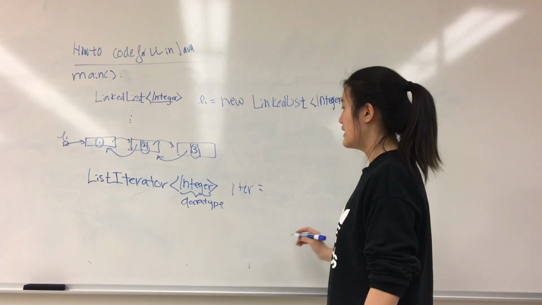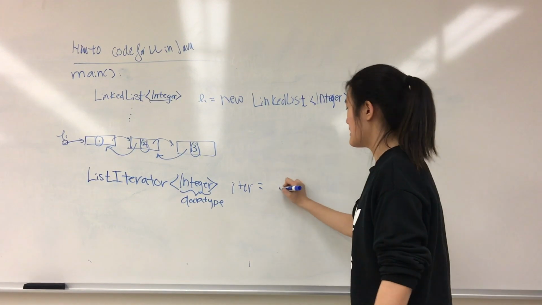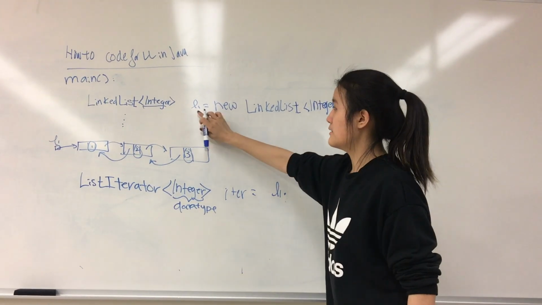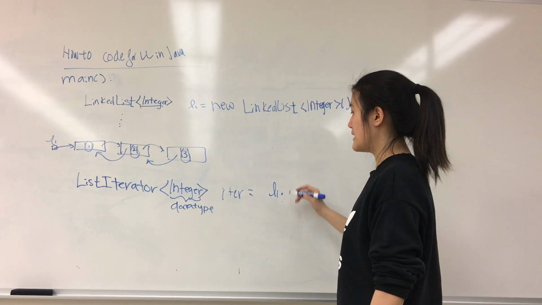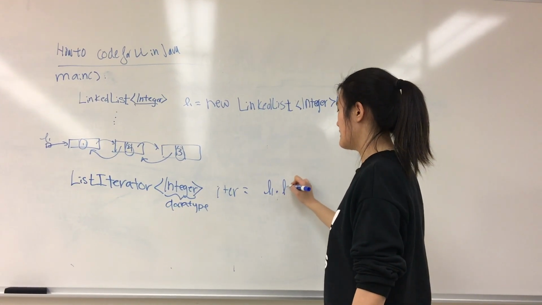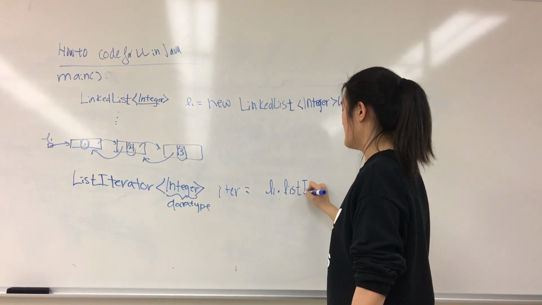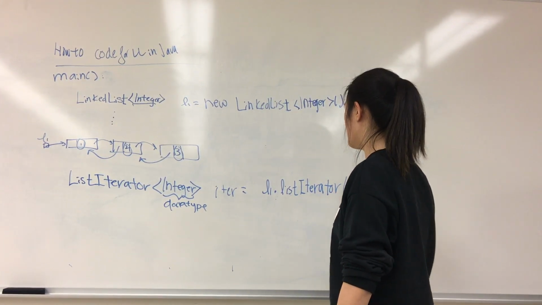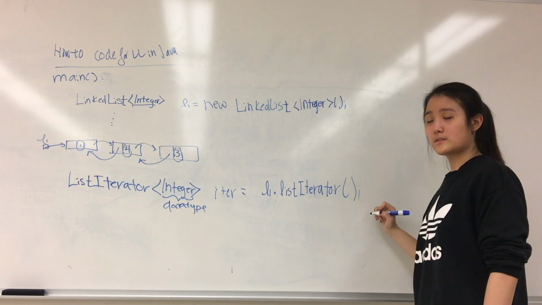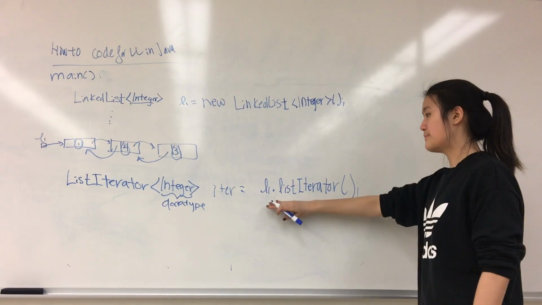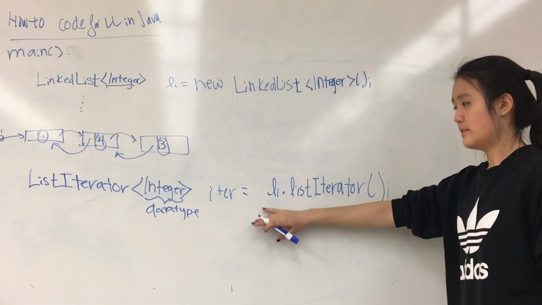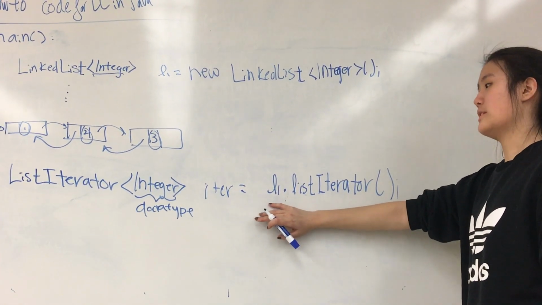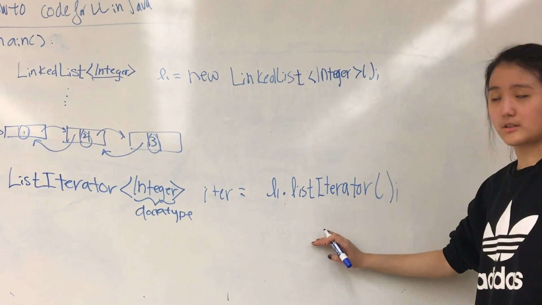And what you do is L1, which is the linked list that we created, L1.listIterator(); So you're pulling this method out of the linked list class, which is why you say L1.listIterator.